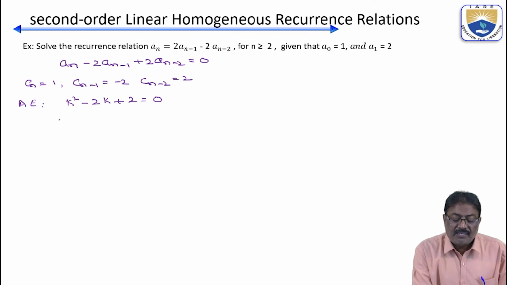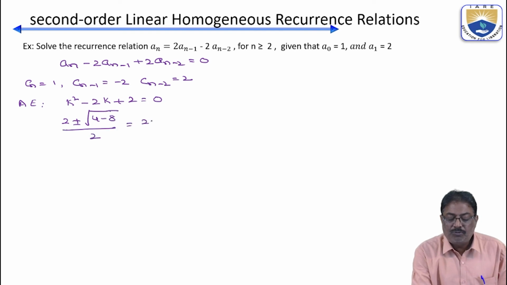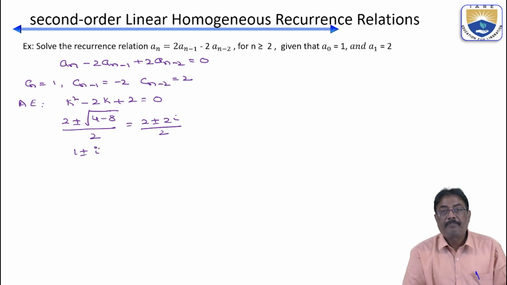Now this is minus b plus or minus square root of b square minus 4ac by 2a, so the roots I am going to find out. So 2 plus or minus, then it is 2i by 2. So the roots are 1 plus or minus i.